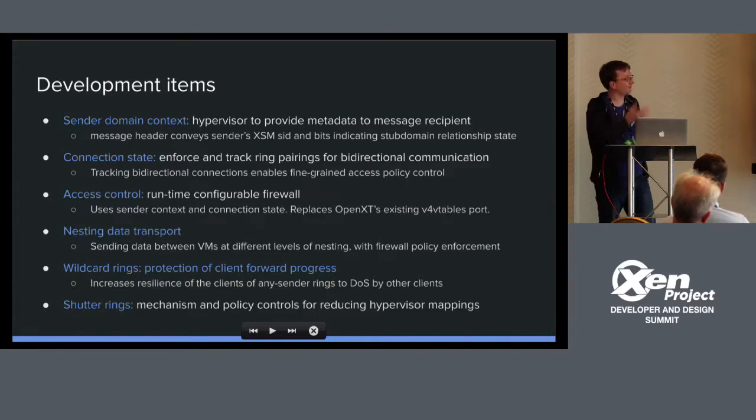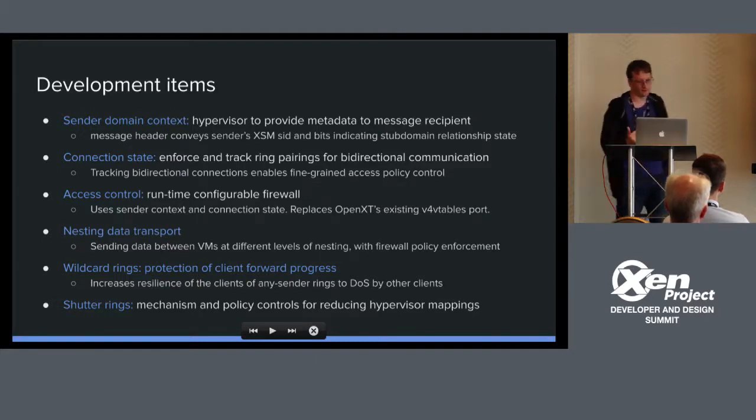So that's Argo up to this point. The focus until Q1 this year was really getting the existing implementation into Xen at last, but it's not where we want to stop. There's a series of additional extensions to Argo that we have been working on the design for, and I can walk you through some of this.